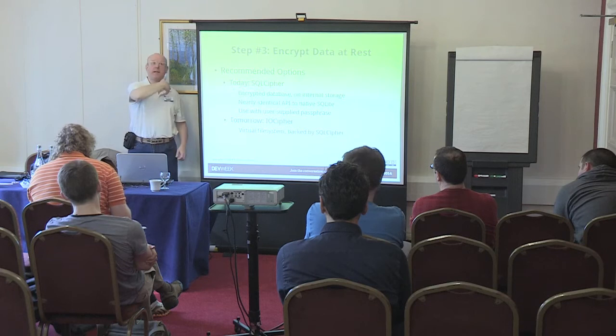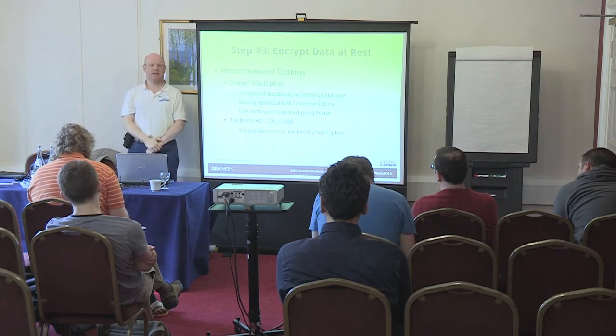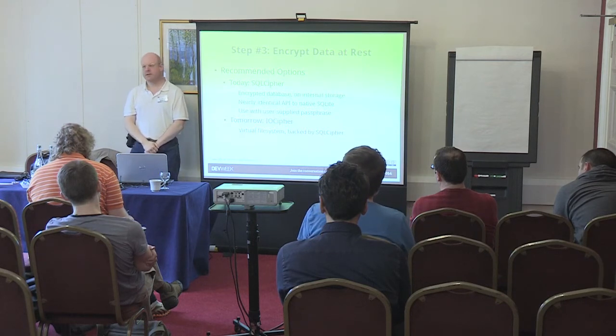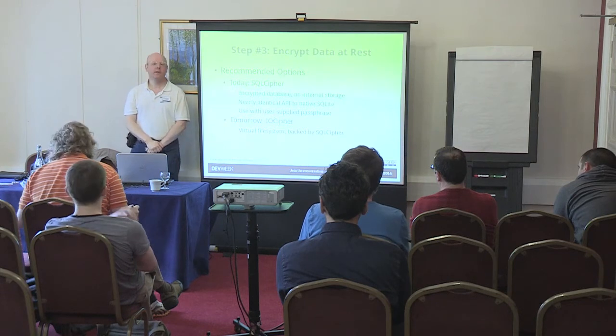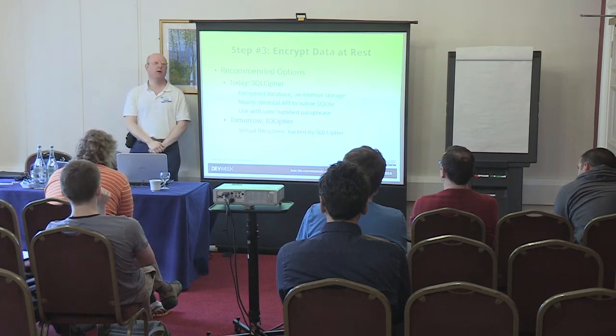And just as we replace SQLite database and SQLite Open Helper with equivalents, in this case you replace file with an IO Cipher equivalent, and you work with its implementation of file, which is going to turn around and do the actual SQL IO with all of the encryption and decryption along the way.